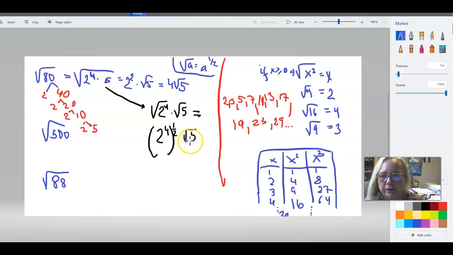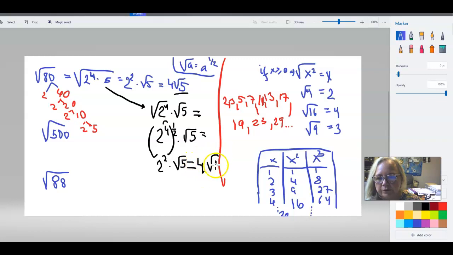No need to write 5 as 5 to degree 1/2, because at the end we have to keep square root here. When you apply a power to an exponential expression, you multiply these two exponents, so 2 to the degree 4 times 1/2 is 2 squared times square root of 5, which is 4 root of 5, as we wrote earlier.